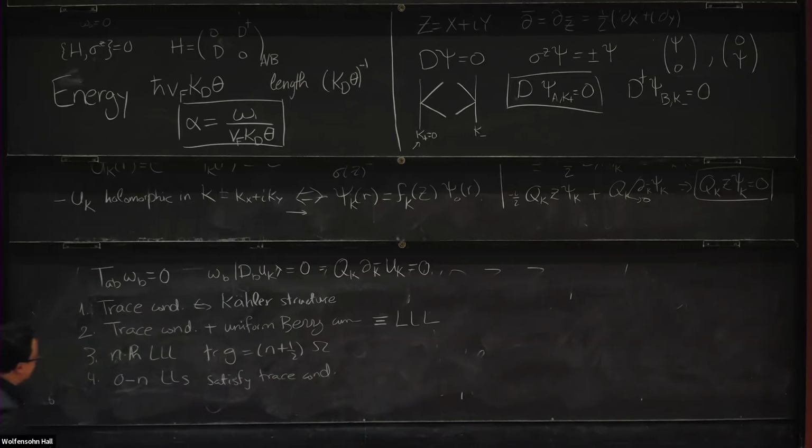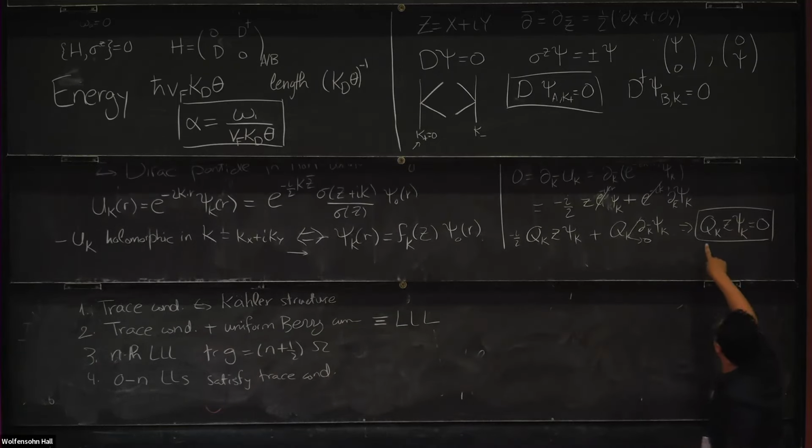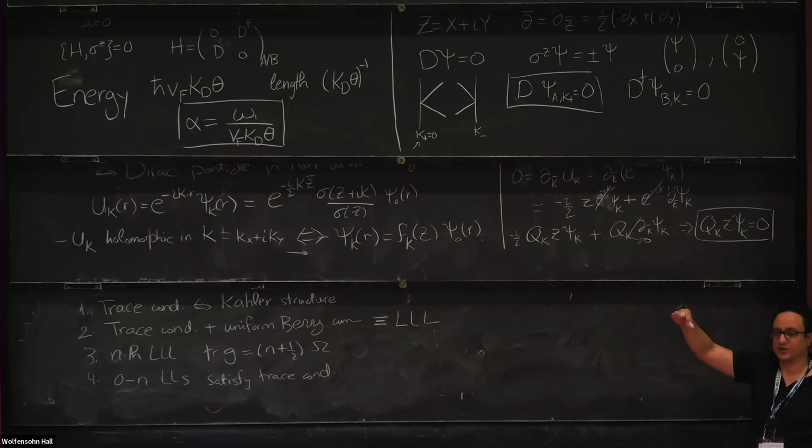And that's something that would be very tricky to see if you just try to compute the multi-band generalization of all these expressions. But it's very easy to see if you use this definition. So this definition tells me that if I multiply wave functions by z, I don't get out of the space of interest. And if I multiply wave functions in the nth Landau level by z, I can go down in Landau levels, but I can never go up, because z acts like a partial z bar.